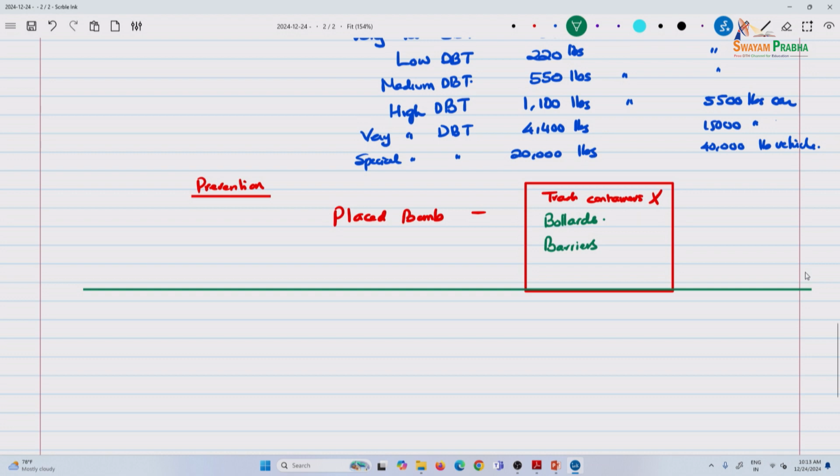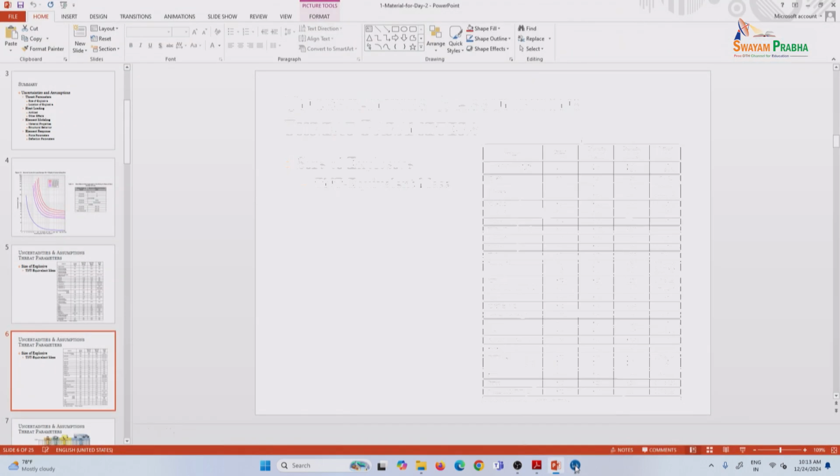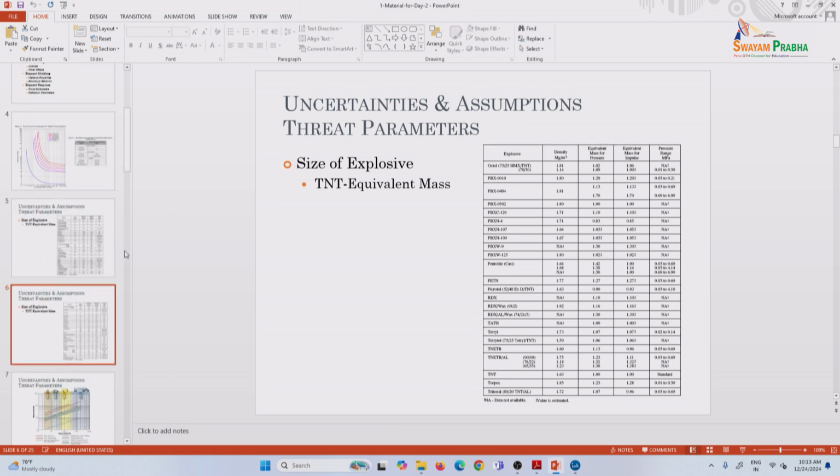Then if you look at the destruction caused by explosives, let's look at a few nice examples, especially if you work in research or even otherwise.